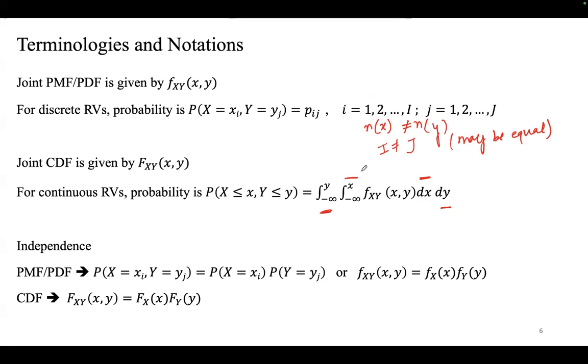So if probability of A intersection B is equal to probability of A times probability of B, then you would say they are independent, right? Now you can say this in terms of the PDF for a continuous distribution. This is in terms of the PMF for a discrete distribution, and this is the CDF, again applicable to both.